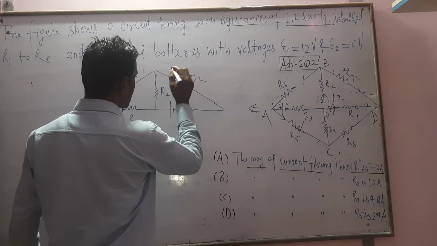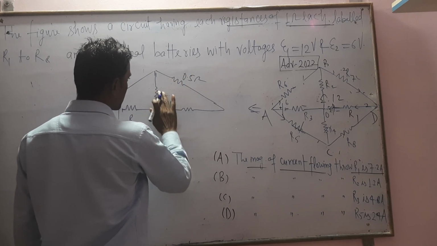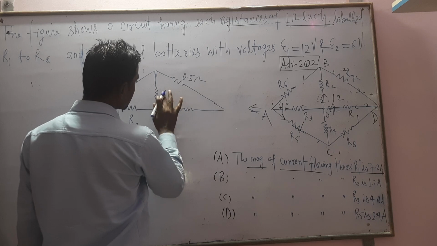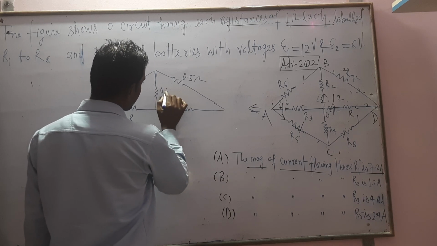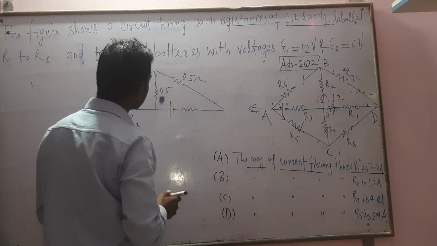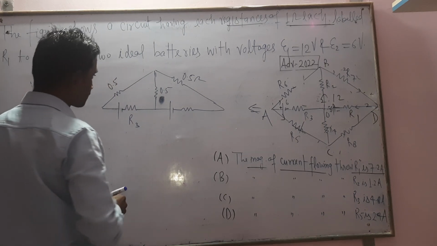So this resistance is 0.5, and this is also 0.5.